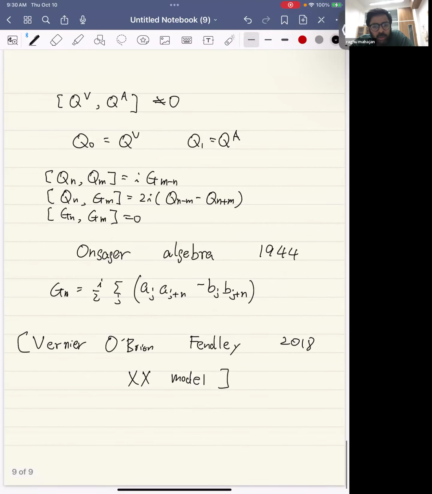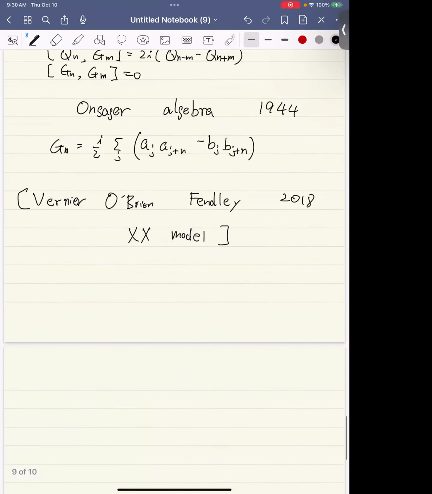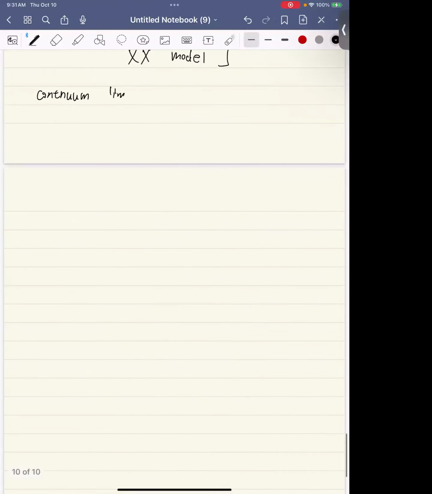Do you have continuum versions of these Q_n's and G_n's? Yeah, let me discuss the continuum limit. So you can show that in the continuum limit, this Q_n becomes the vector symmetry if n is even.